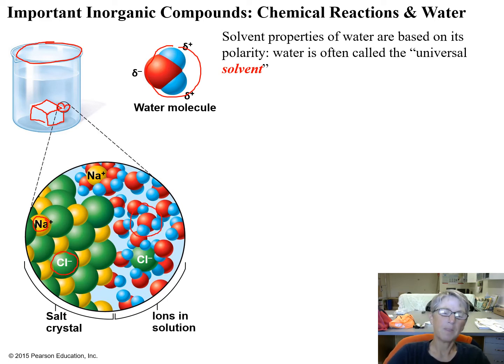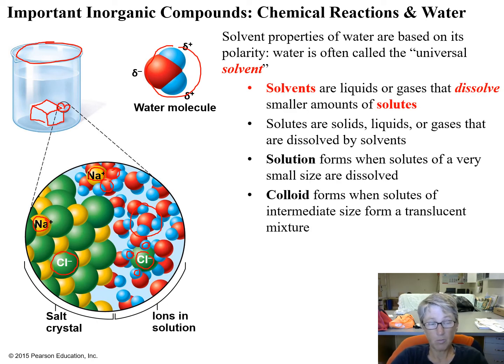You can see that the partially positive hydrogen atoms in the water molecule are attracted to the negative chloride ion, so the water molecules surround this chloride ion. And then the partially negative oxygen atoms up here are attracted to this positive sodium ion. That's how you dissolve salt, basically: water circles each one of those ions.